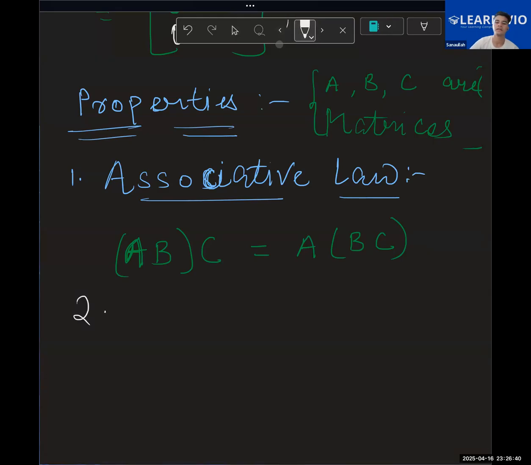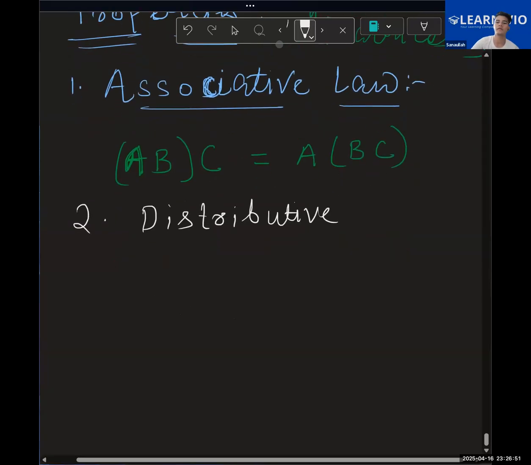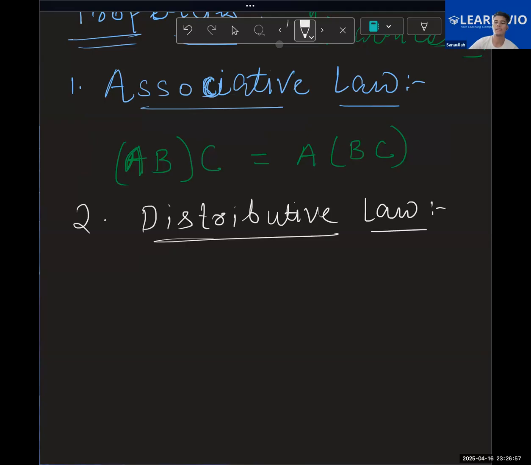This is the associative law. Now the other is the distributive law. From the name you can tell, distributive. That means you have to distribute some matrices. Like if you have A into B plus C, then you can write it as AB plus AC.